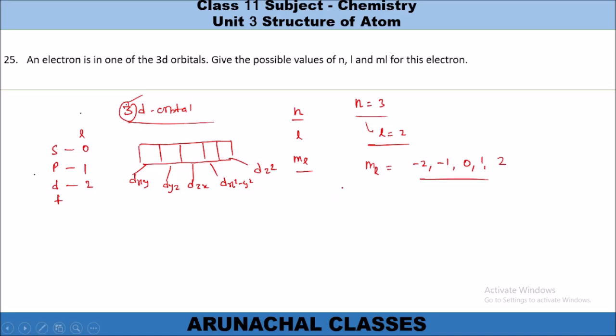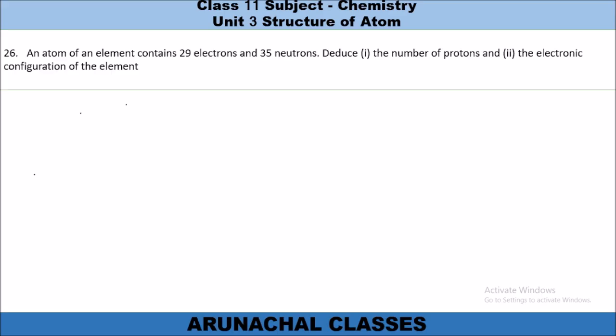Moving to question number 26. An atom of an element contains 29 electrons and 35 neutrons. Deduce the number of protons and the electronic configuration of the element.